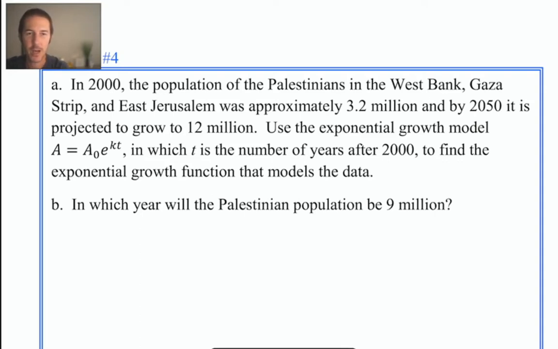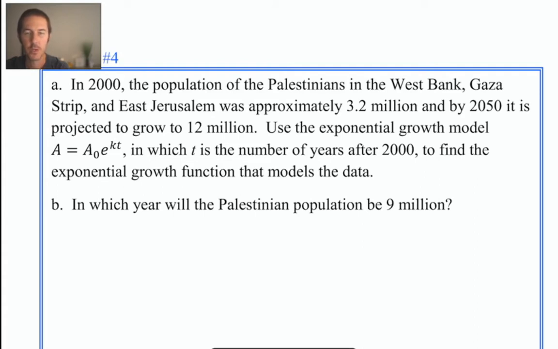In 2000, the population of the Palestinians in the West Bank, Gaza Strip, and East Jerusalem was approximately 3.2 million. And by 2050, it has been projected that the population will grow to 12 million. And we're being asked to use the exponential growth model, where t measures the number of years after 2000, to find the exponential growth function that models the data.